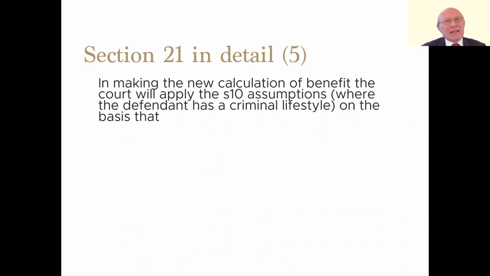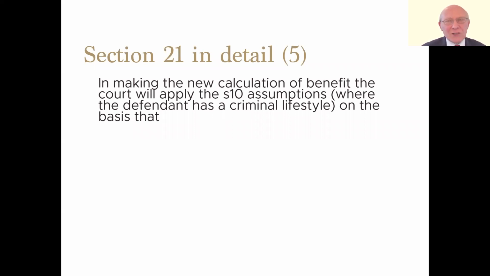In making the new calculation, if it's a criminal lifestyle case, the court will apply the section 10 assumptions. And we know that the section 10 assumptions usually apply up to the date that the court makes its decision when we're operating under section 6, when we've got a straightforward standard confiscation.